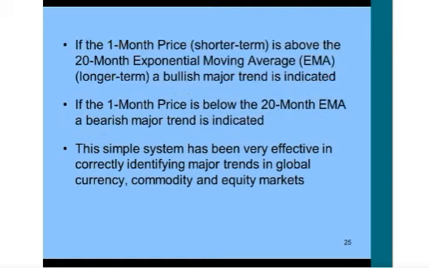If the 1-month price of an ETF is above the 20-month exponential moving average, then a bullish major trend is indicated. And if the 1-month price is below the 20-month EMA, a bearish major trend is indicated. So this simple system has been very effective in identifying the major trend in global markets.